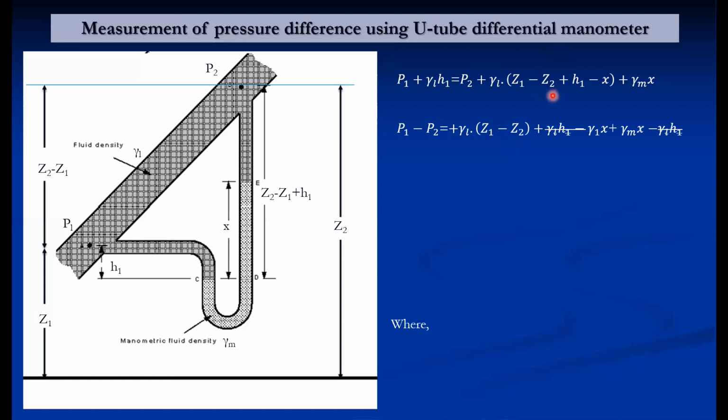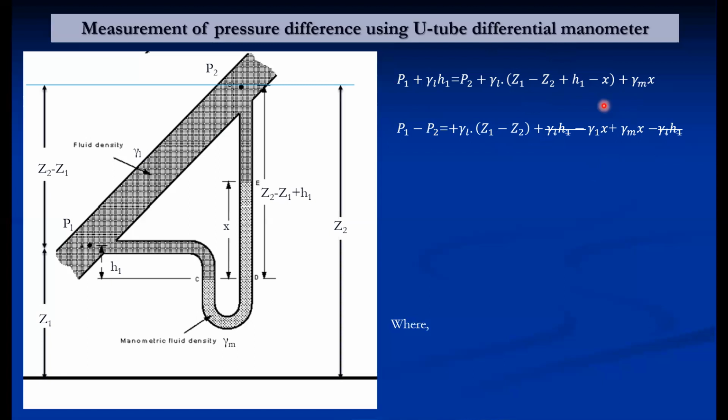Actually, it is a printing mistake, Z1 minus Z2. Then gamma L into H1, minus this will come to this side, so minus gamma L into H1. So these two get cancelled.